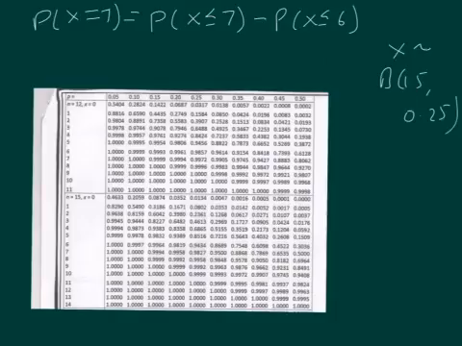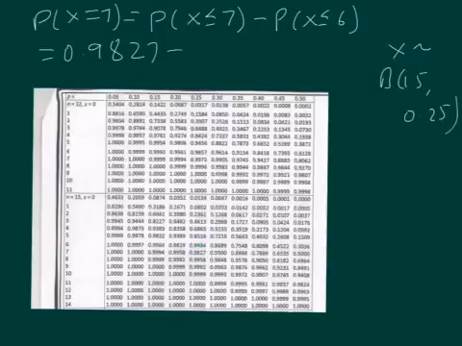So we've got the binomial distribution with 15 trials and 0.25. So 15 is here, 0.25 is here. We need to find the probability that x is less than or equal to 7. For 0.25 we get 0.9827. There it is. Then we have to take away the probability x is less than or equal to 6, which is there, 0.9434.